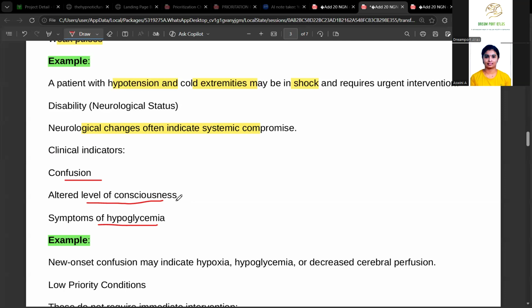That means if the client is showing any mental or neurological function deficit, that doesn't directly indicate that the patient is having a stroke or neurological disease. Sometimes it can happen because of hypoglycemia also, but we need to correlate. While reading the scenario, you can check the lab findings and look for the RBS value, whether it is normal or low.